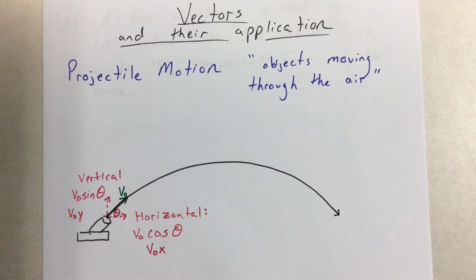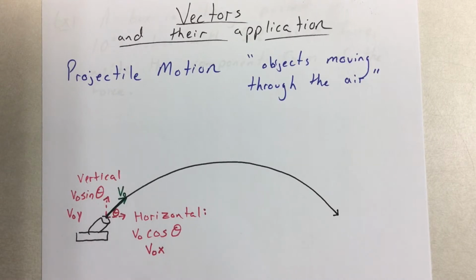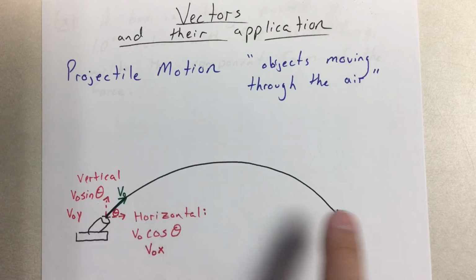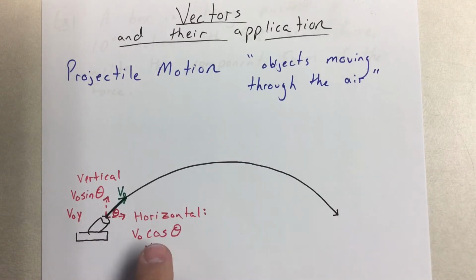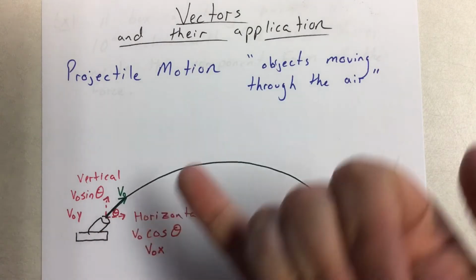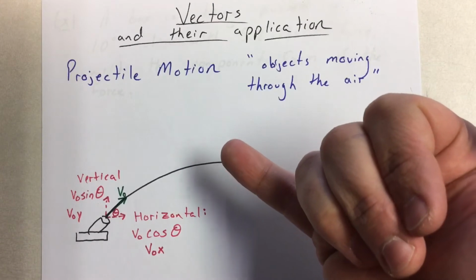Okay? So a couple of things just to share with you. You learn in physics that when something is launched, the horizontal velocity is constant throughout the entire motion. So the horizontal velocity at the beginning is the same velocity right before it lands. It's the same velocity at the highest point.